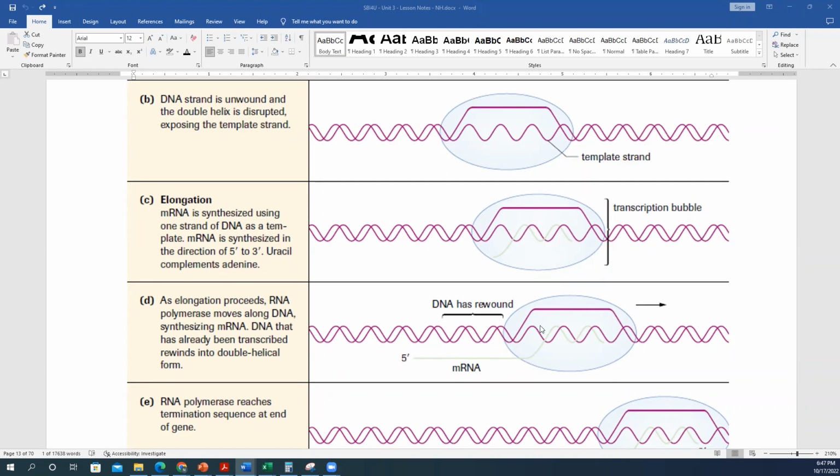So this strand up here is the coding strand, and it has the same code as the one down here. Because if you think about it, look, these two can base pair with each other, and these two can base pair with each other. So this sequence would be the same as that sequence. We call that the coding strand, except that in mRNA, T is replaced with U. All the thymines are replaced with uracil.